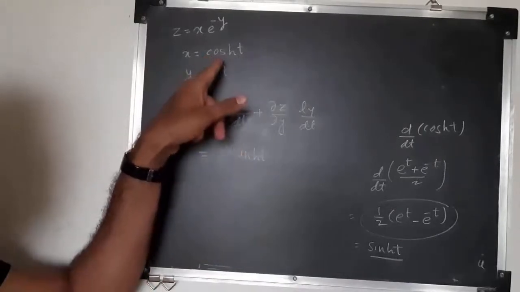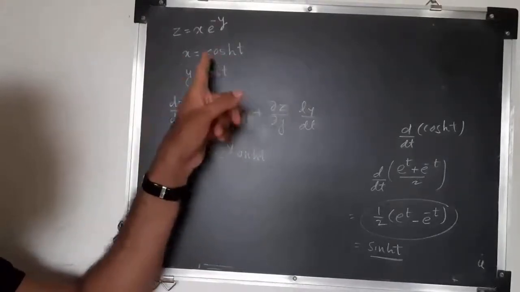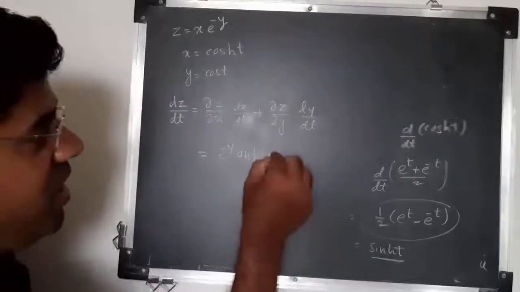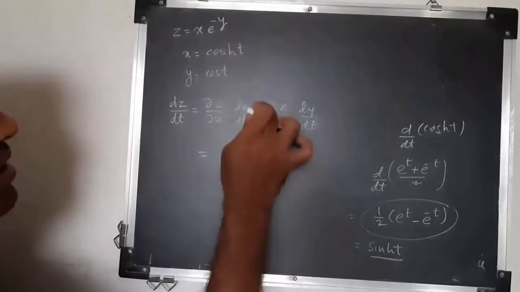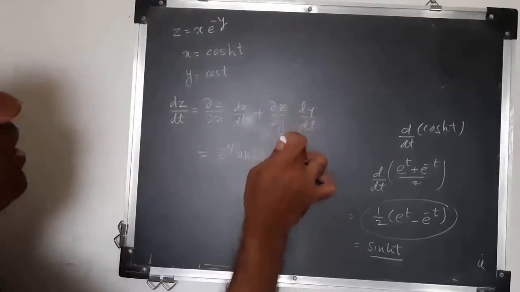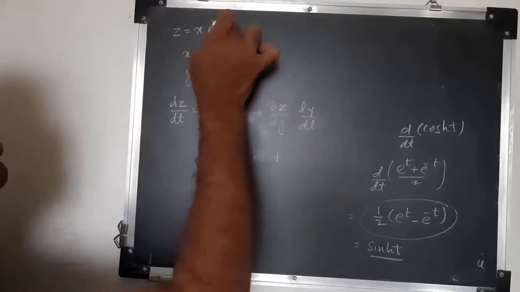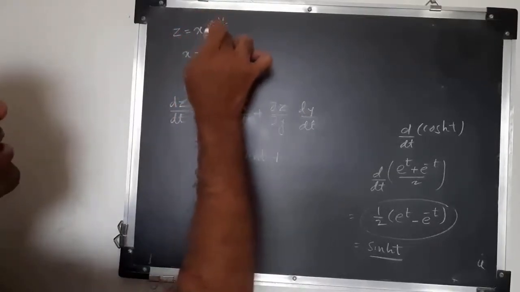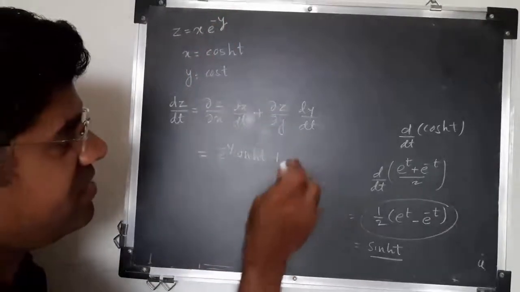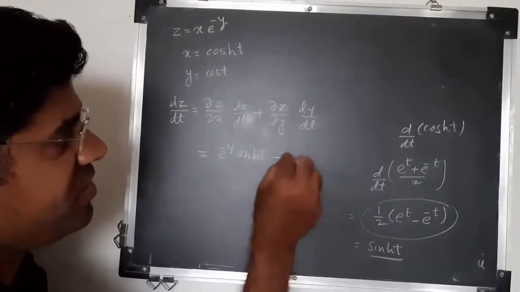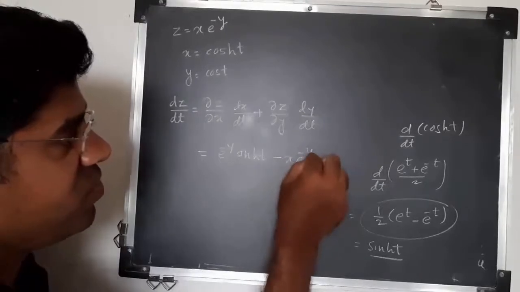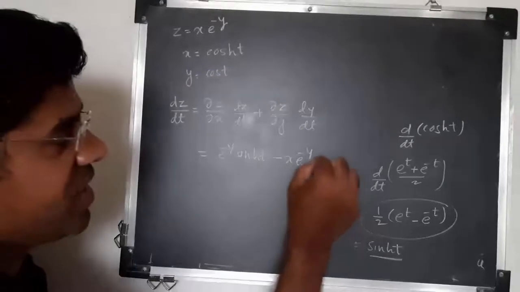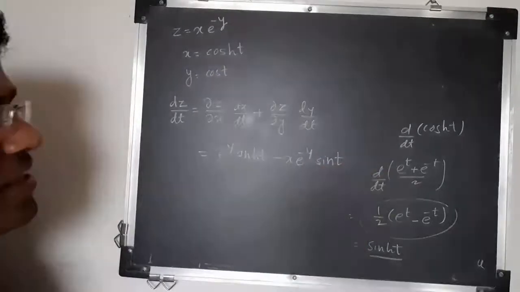So dx/dt, where x is cosh t, is nothing but sinh t, plus ∂z/∂y. Here x is constant, so the derivative is minus e raised to minus y. So instead of plus, this is minus x e raised to minus y dy/dt. dy/dt, the derivative of cos t, is minus sin t.